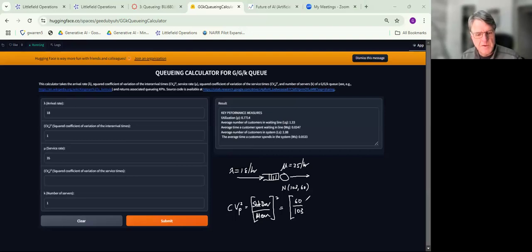The mean is 103. Square this. I'll plug that in. And I get, looks to be, 0.3393. Okay, so I'll just plug that in.